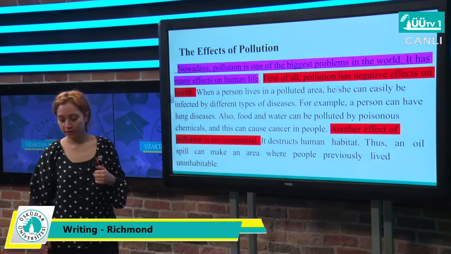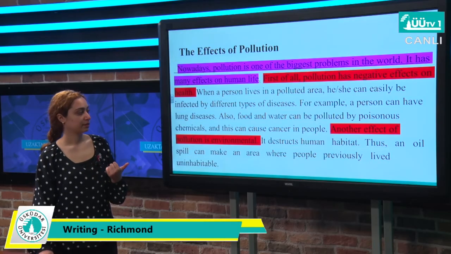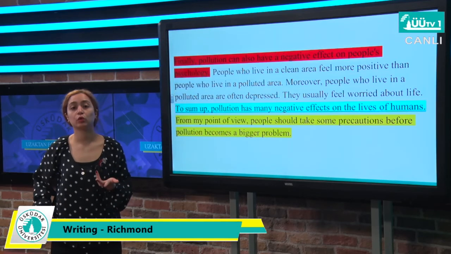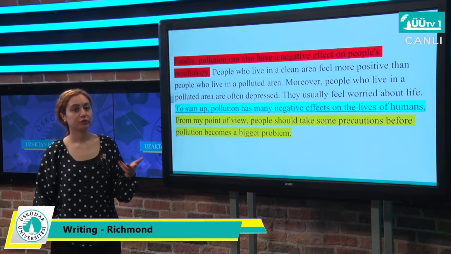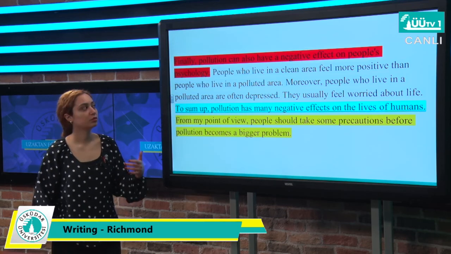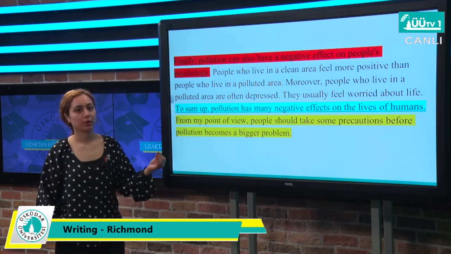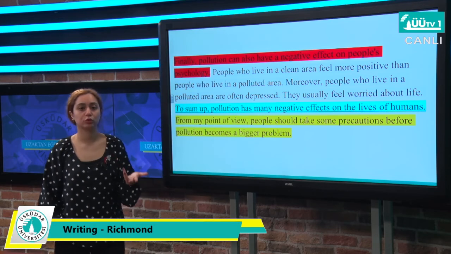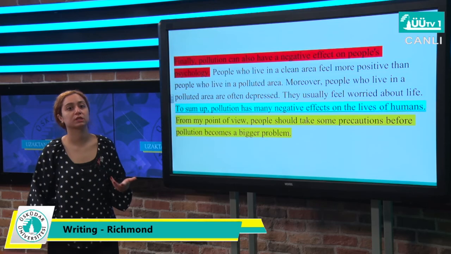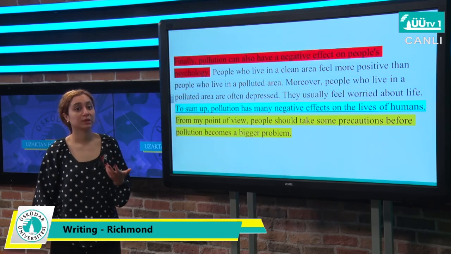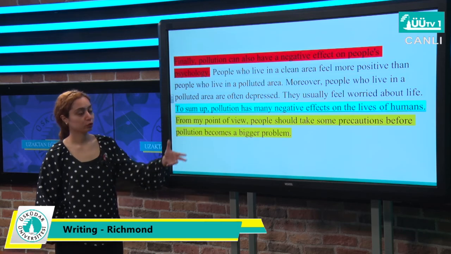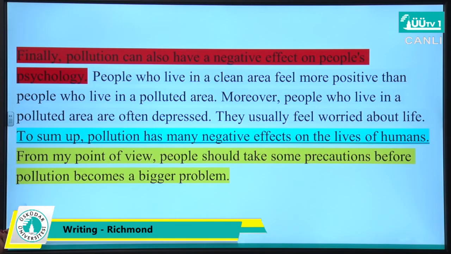The first one was the health effect, the second is environmental, and the third is psychology. So the 3 of the effects are the negative effects, the results. So we talked about what happens with the pollution, what are the outcomes, what are the consequences of pollution on human life.